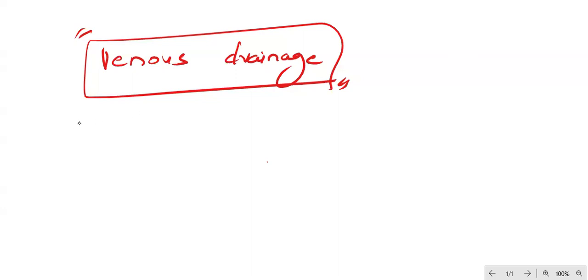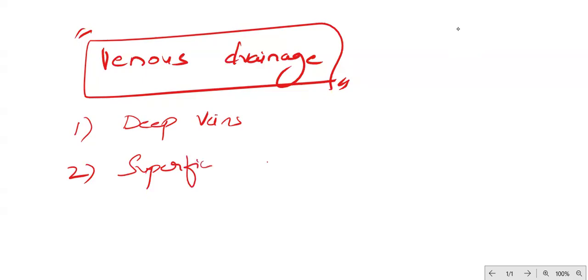One is deep veins. Second one is superficial veins. And third one is perforating veins.